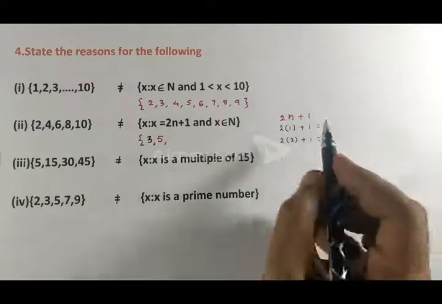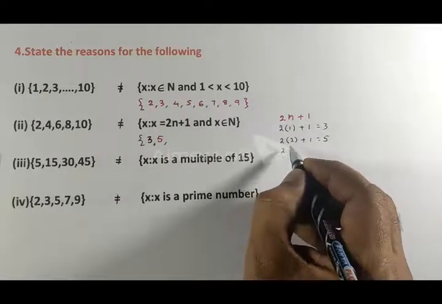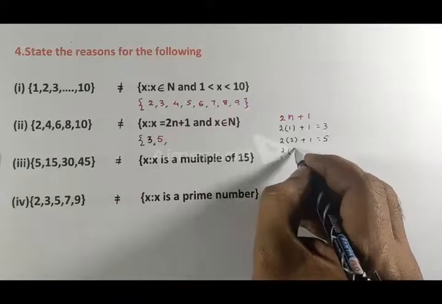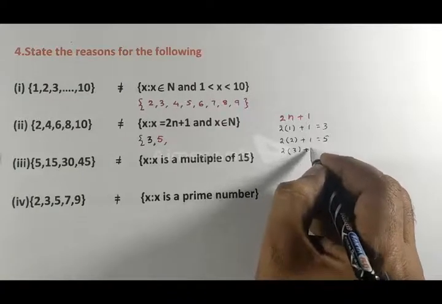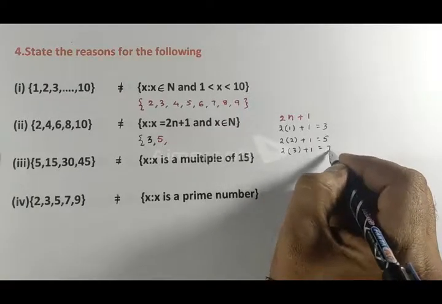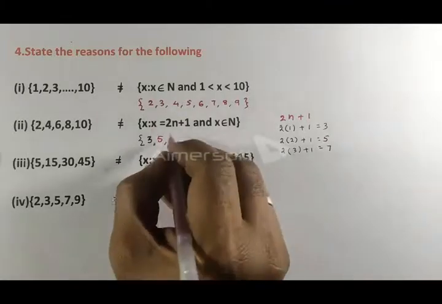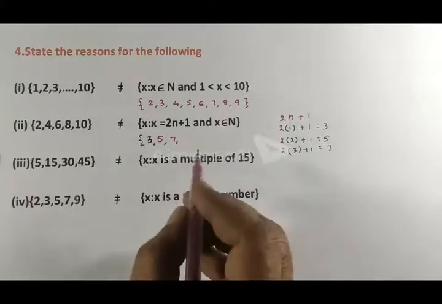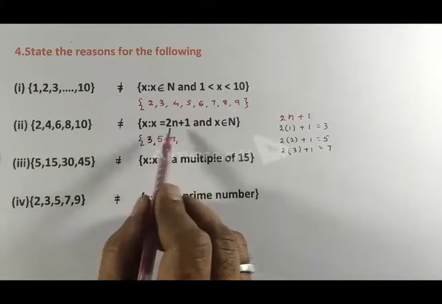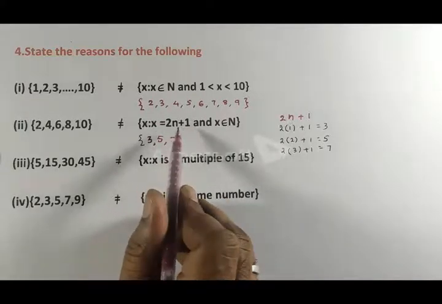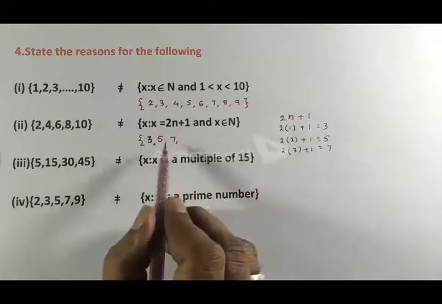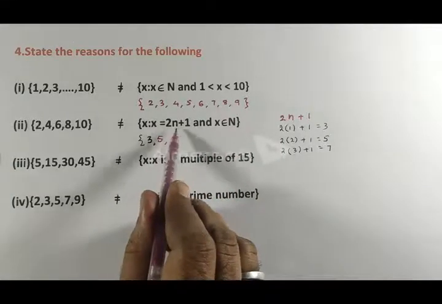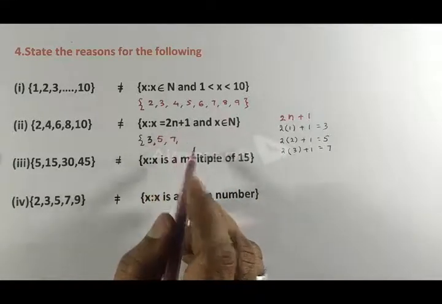Next, 2 threes are 6 plus 1 is equal to 7. So 3, 5, 7. Observe here, if you replace n with natural numbers, you get odd numbers. 2n plus 1 is equal to an odd number.